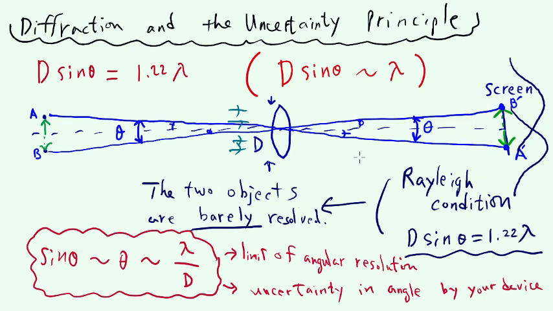If you want to have a super high resolution, then you need to make the device very big, and that's part of the reason why when you look at telescopes, the diameter is very big. Well, another reason is that if the diameter is big, then you get more intense light.